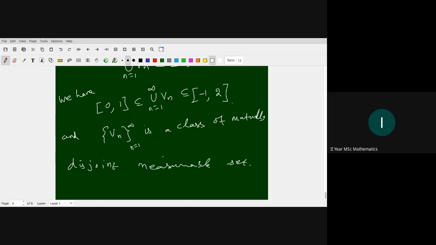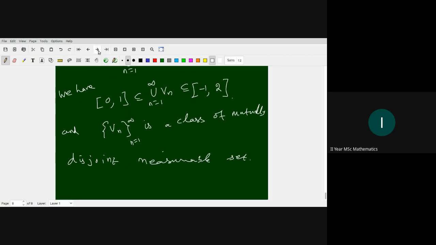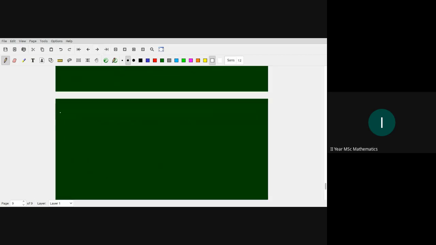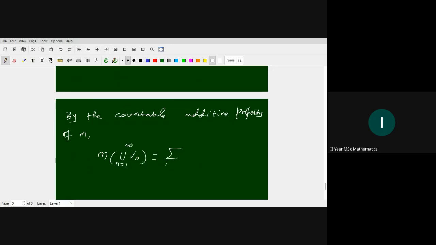So now we are going to use the countable additivity of M. With the countable additivity of M, the measure of the union of Bn, n from 1 to infinity, is written as the summation n from 1 to infinity of the measure of Bn.